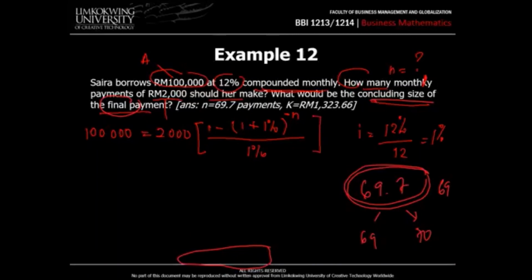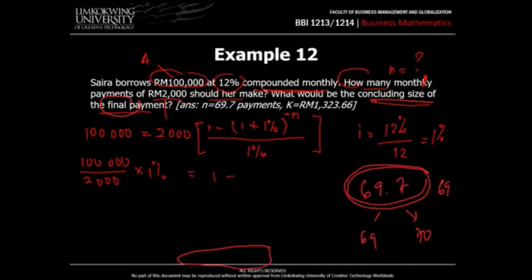So here, 100,000 divided by 2,000, then this one we bring here, so multiply by 1%.